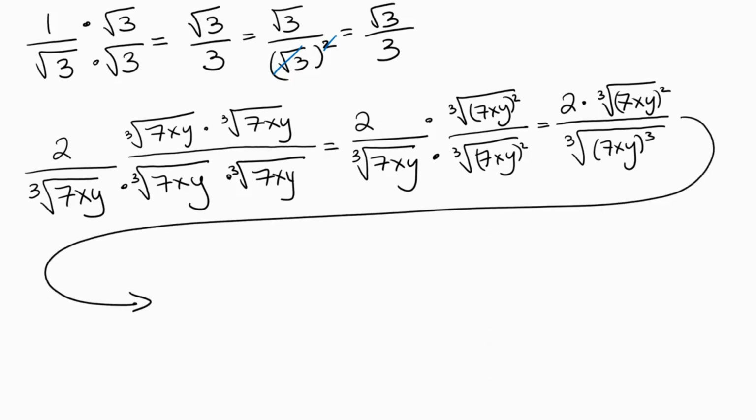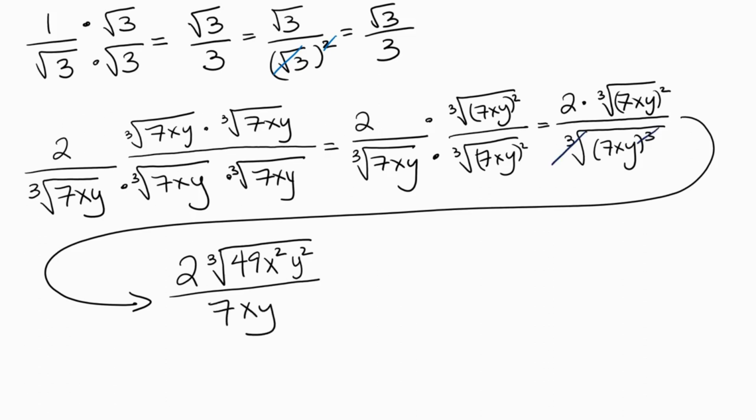And so let's just simplify this a little bit and put a nice little squiggle. So on the top, we have 2 times the cube root of 7 squared is 49. X squared is x squared, and y squared, same thing. And on the bottom, that cube root and that cube are going to cancel out. And so I'm going to end up with 7xy on the bottom.